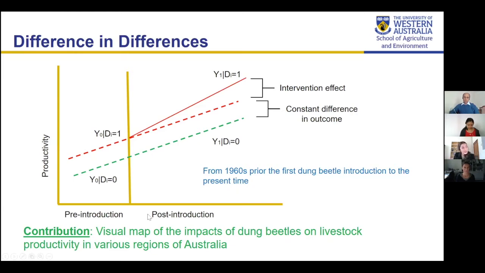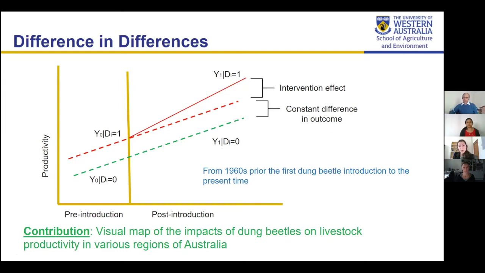After the introduction, the difference can be attributed to the intervention effect. For this reason, I'll collect data from the 1960s, prior to the first introduction, to the present time, if I can get the data.